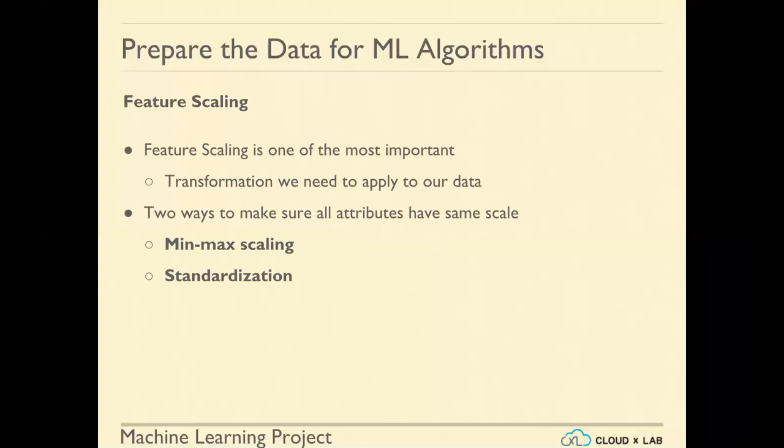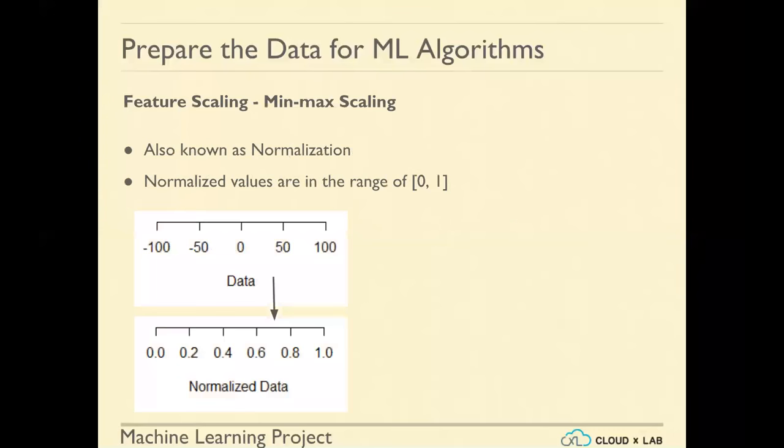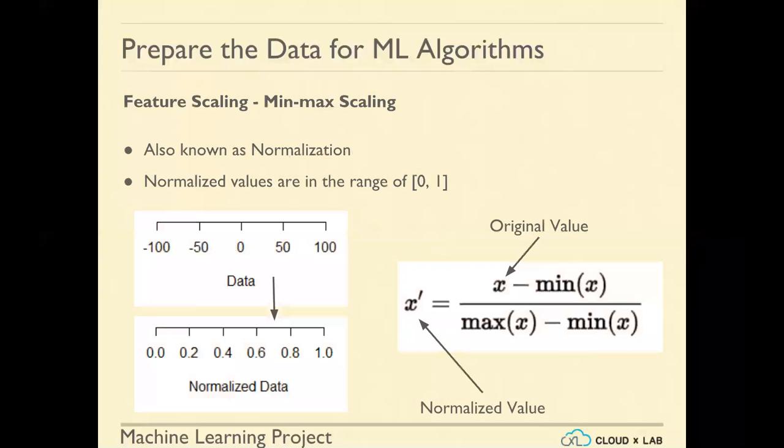There are two kinds of scaling. One is called min-max and the other is called standardization. Min-max is the easiest scaling, where we take the data and convert it to the scale of 0 to 1. The minimum becomes 0 and the max becomes 1, and everything in between. Strictly, the formula looks like this: for each value, subtract the minimum from it, divided by the range.